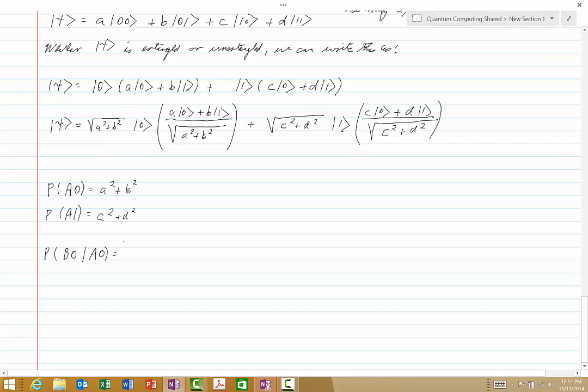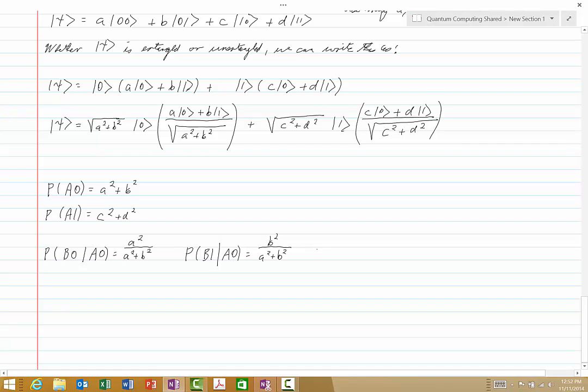Remember, we need to square this coefficient of the 0. So we have A squared over A squared plus B squared. The probability that Bob measures 1, given that Alice measures 0, is B squared over A squared plus B squared.